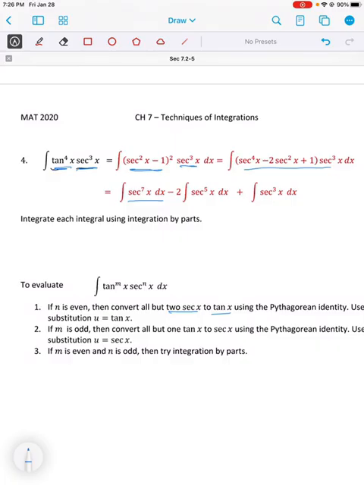But now this is the last case, that if m is even and n is odd, as in this example number 4, then you can try integration by parts, as I just explained here. So this is how we integrate these trig functions.